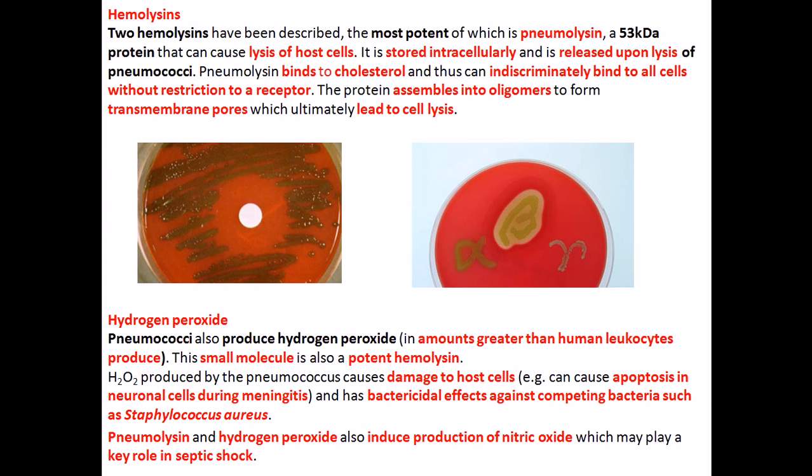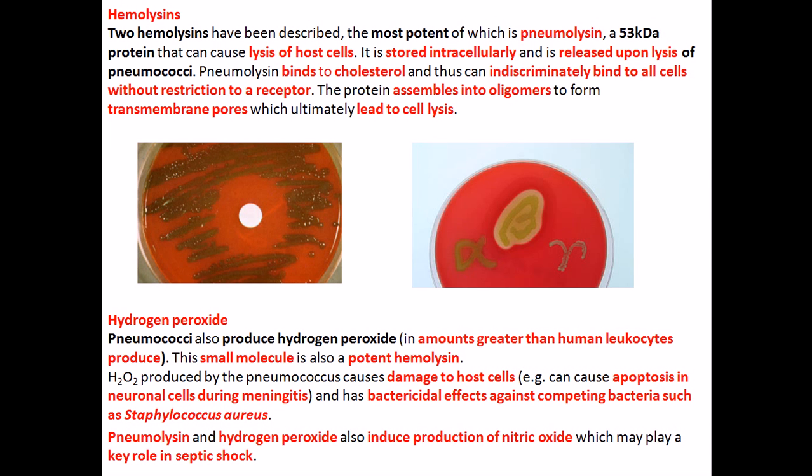Now if we talk about hemolysin, there are two types described. The most potent is pneumolysin, a 53 kilodalton protein, which can cause lysis of the host cell. This is the dangerous pneumolysin. It is stored intracellularly and is released upon lysis of the pneumococci. Pneumolysin binds to cholesterol and thus can indiscriminately bind to all cells without being restricted to a group of receptors.